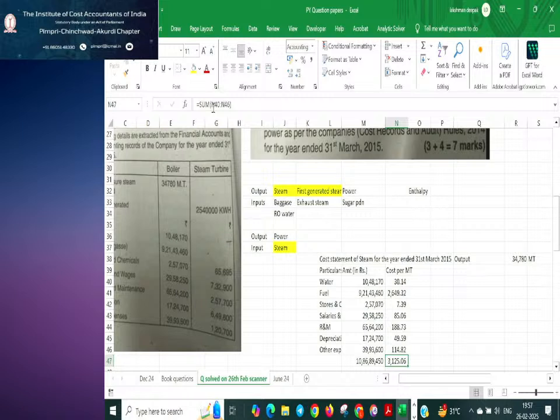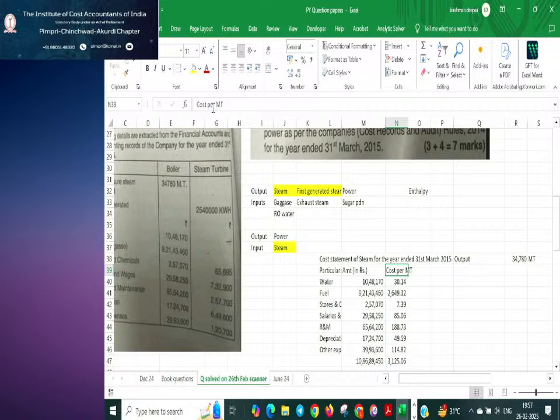So always while you prepare cost statement as per the cost audit rules, it's not just the final amount that you got to do, you have to do it as cost per metric ton of output, cost per kilowatt hour. This is very important to be included in the format.